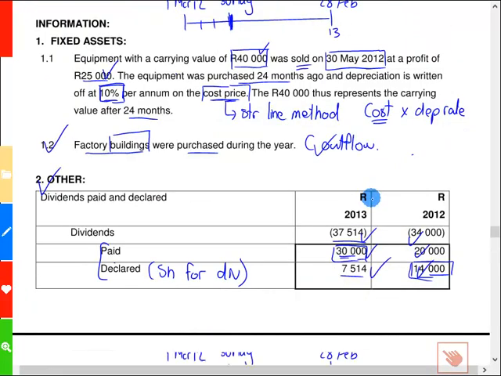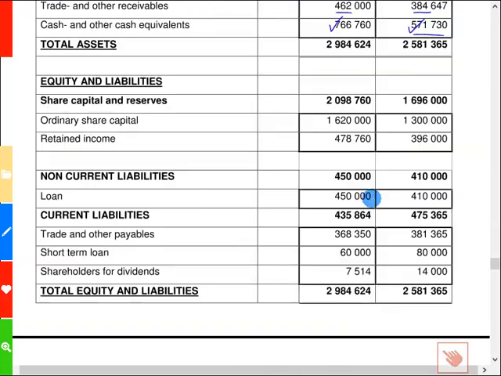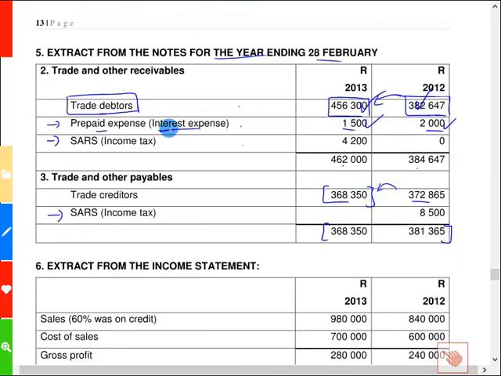So what do we know? We know that at the end of the current year the balance is 4,200. That's a receivable, so that's an asset. And at the end of the previous year it was a payable, so we owed money, 8,500.